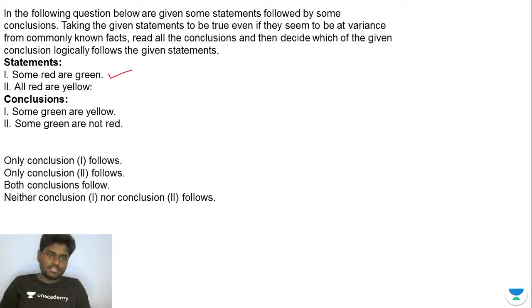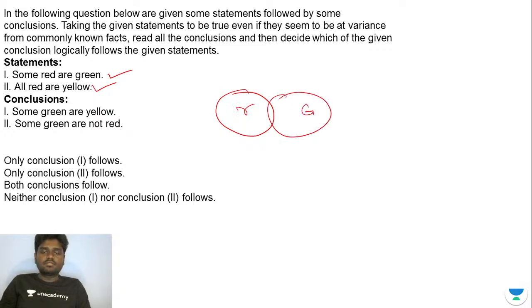We have 2 statements here, that is, some red are green and all red are yellow. So if you try to put it in a Venn diagram, let's say if this is red, then it's going to be green. Right? So some red are green and all red are yellow. This is how exactly the Venn diagram will look for the given 2 statements here.